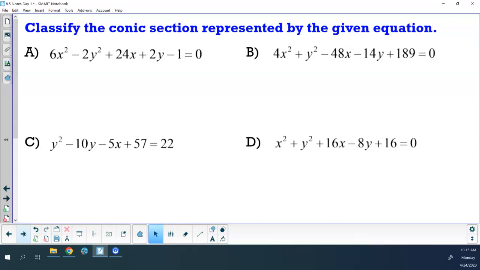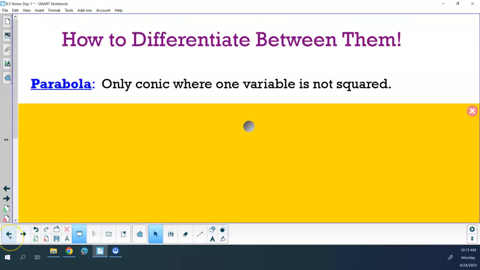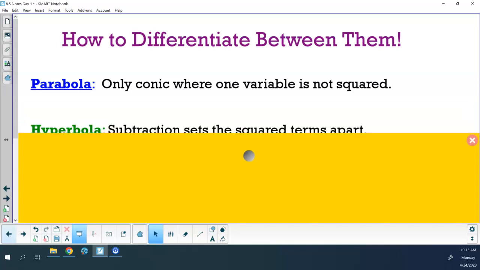Count the number of squared terms. If you get to 2, it's not a parabola. If you never get to 2, it's a parabola. So a parabola only has one squared term in it. That's the easy one to find. The next easiest one to find is the hyperbola.